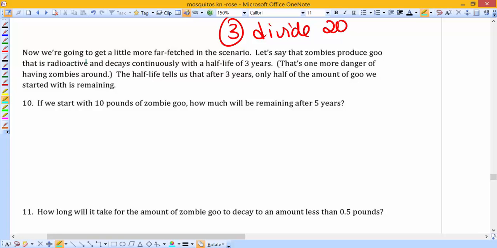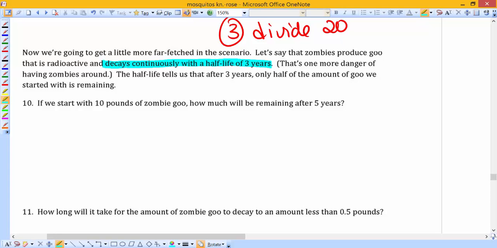So now we have a goo that is radioactive, and this one is going to decay with a half-life of 3 years. So every 3 years, this goo is going to be half of what it started with.